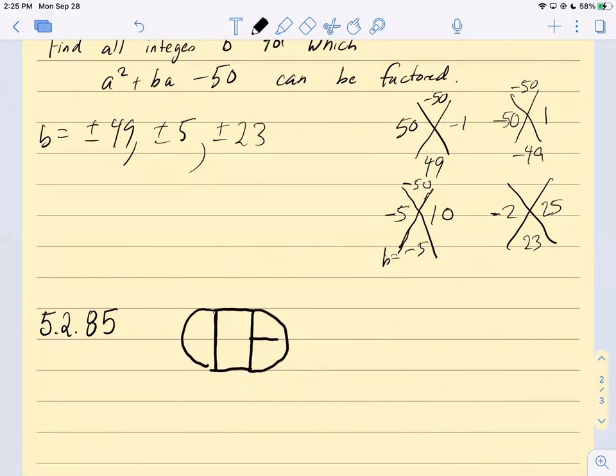And we want to highlight, we're highlighting this area.